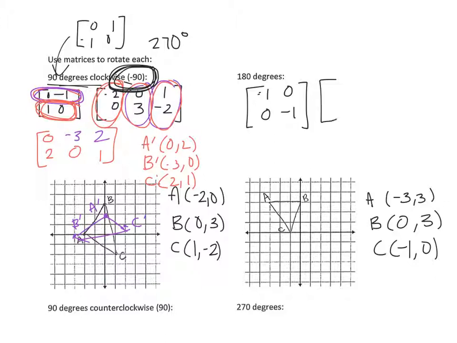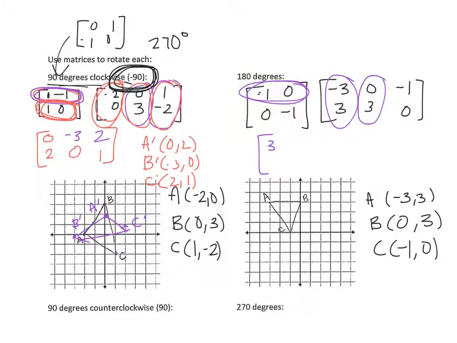So your x goes on the top, your y goes on the bottom. You can use matrix multiplication again. So -1, this would be 3. -1, this would be 0. And then -1, 0, this would be 1.